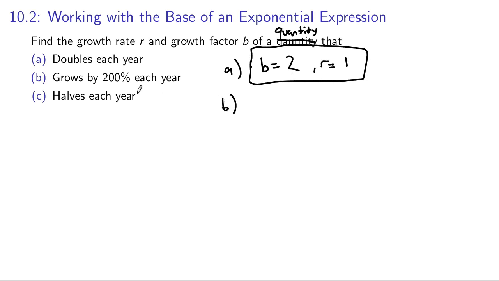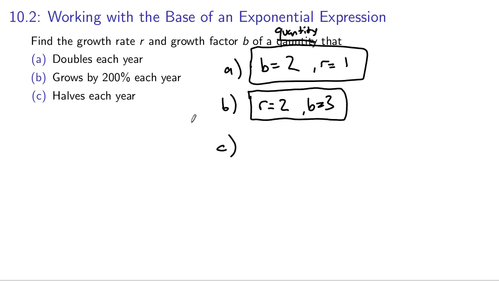B, here we have a rate of 200%, which is 200 over 100, or 2. Remember, 1 plus the rate is the factor, so the factor is 3. We're actually tripling in this case every year. And C, our growth is halving, which means we're actually decaying. Okay, and so our factor would be 1/2 that we're multiplying by, which would make our growth rate, remember it says find the growth rate, so it should be negative.